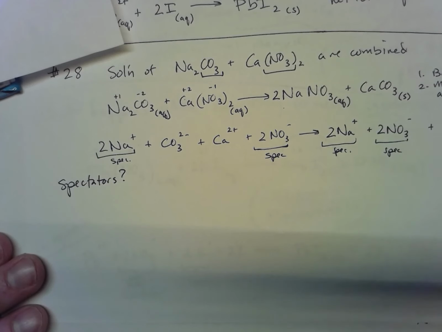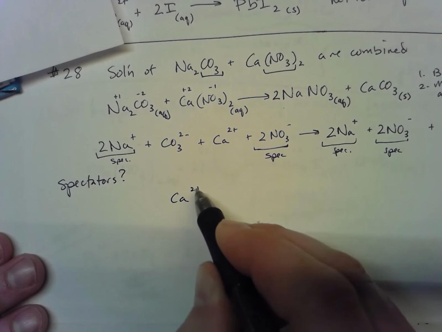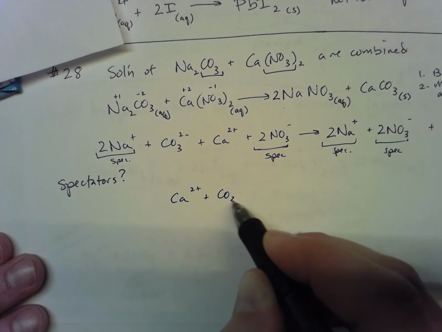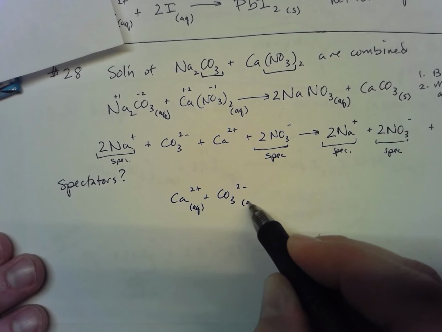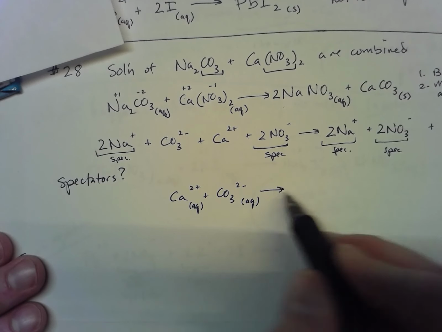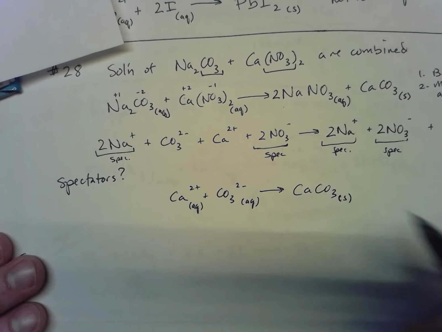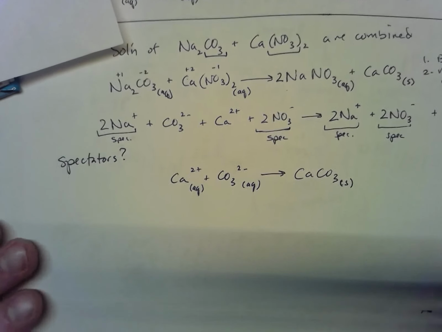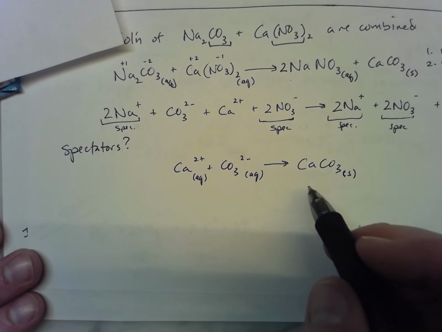So basically, we can say Ca 2 plus and CO3 2 minus, both aqueous, go to form a solid compound that precipitates out as a precipitate.